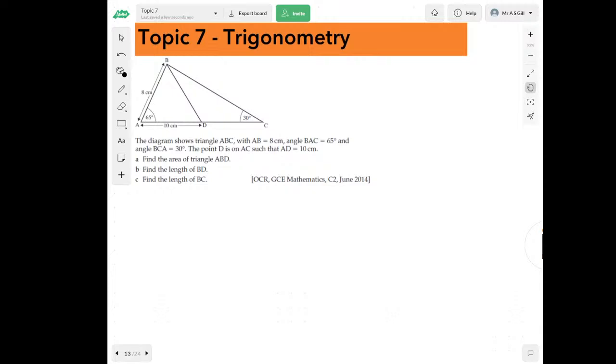So again, think about what we did last question in terms of adding information or drawing out new diagrams. Think about if that might be relevant here.